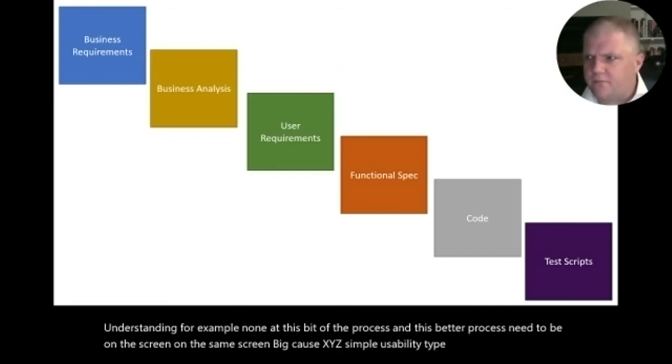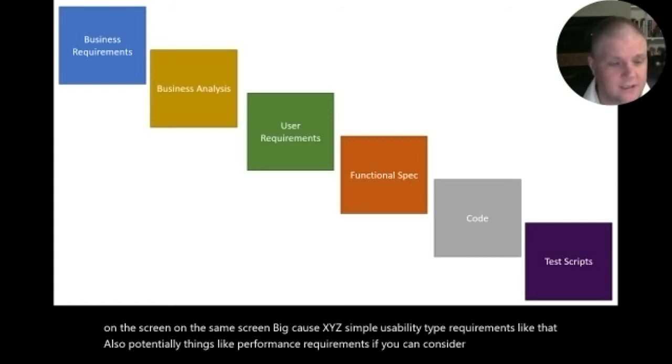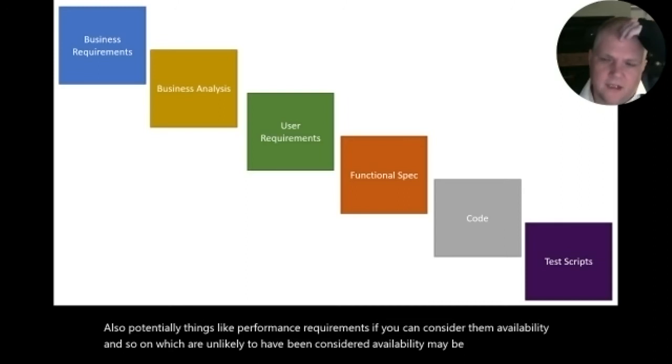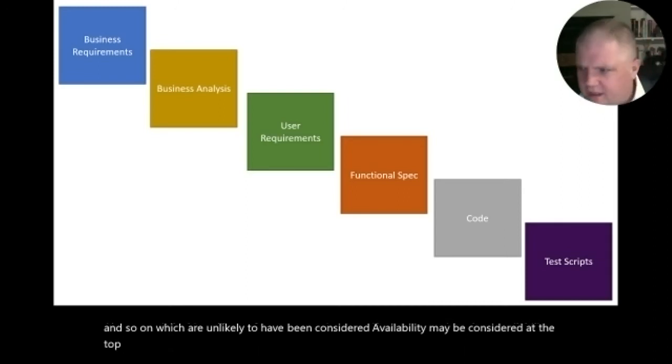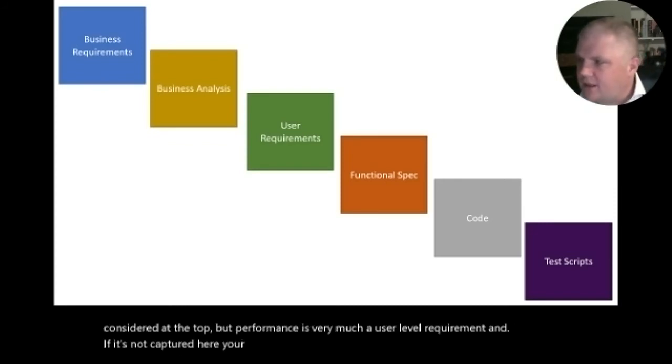Also, potentially things like performance requirements, if you can consider them, availability, and so on, which are unlikely to have been considered. Availability may be considered at the top, but performance is very much a user level requirement, and if it's not captured here, in your non-functional requirements, you're not going to be able to test it later.